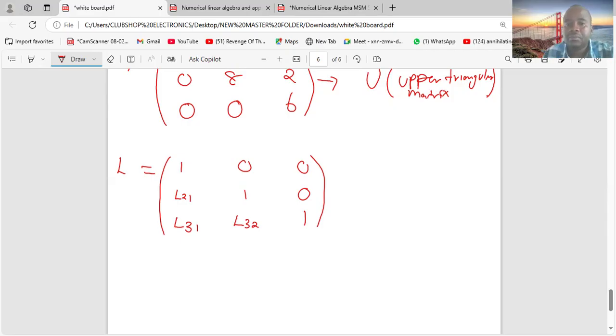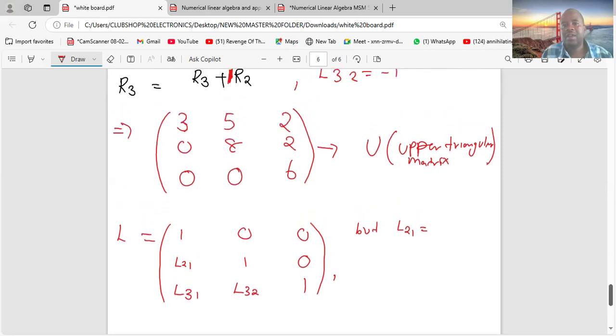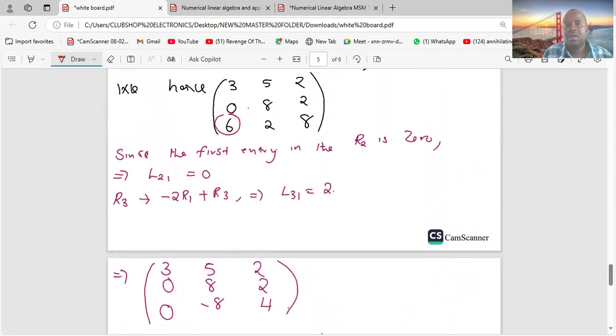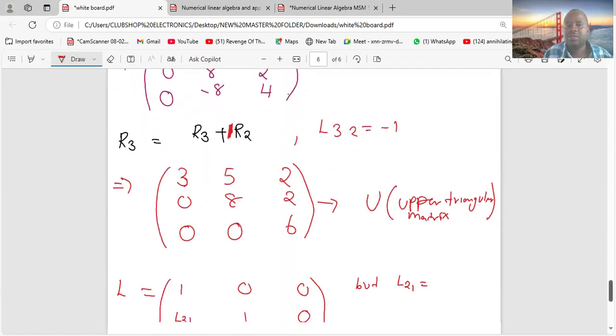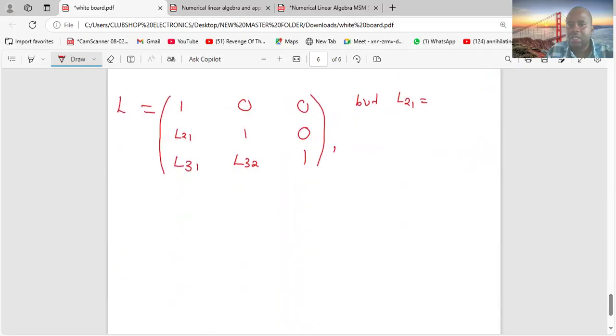But we found L2,1. What did we get? To check above here. L2,1 was 0. Okay. We found L2,1. We equally found L3,1. We indicated that it was 2. And we also found L3,2 as negative 1.